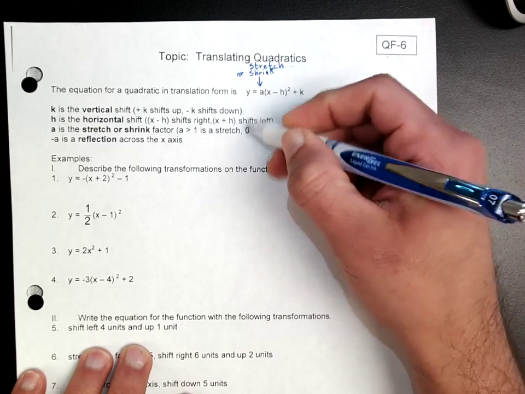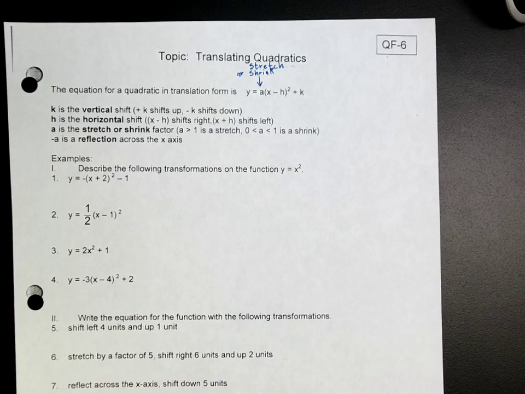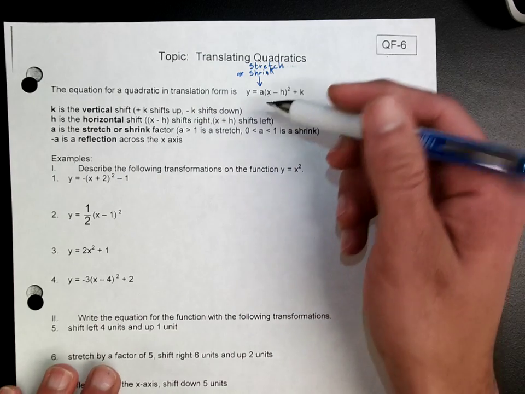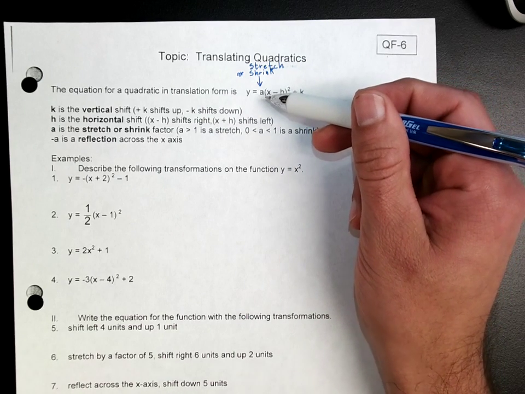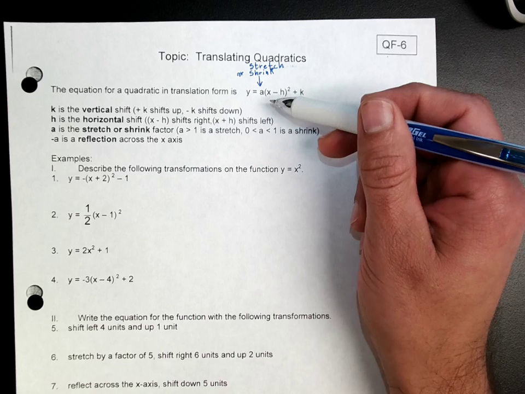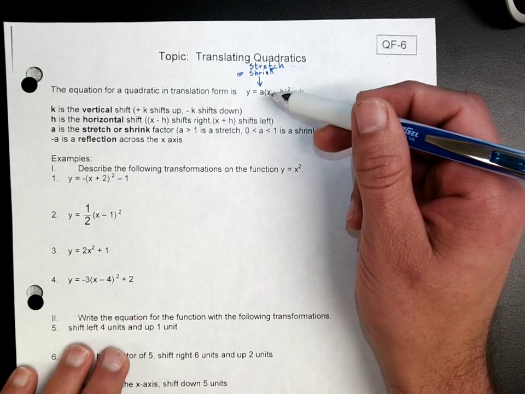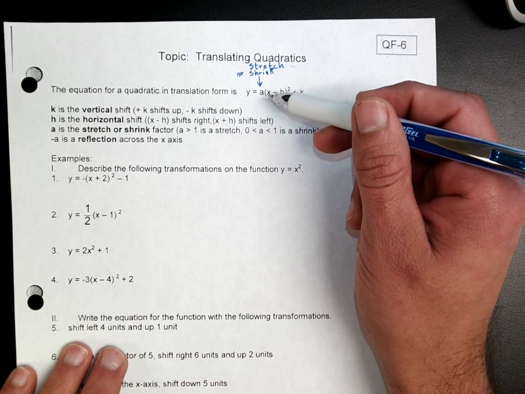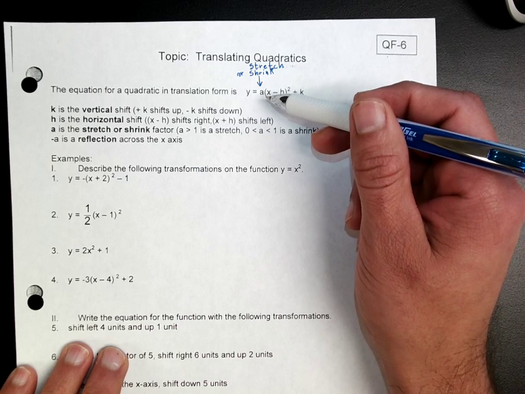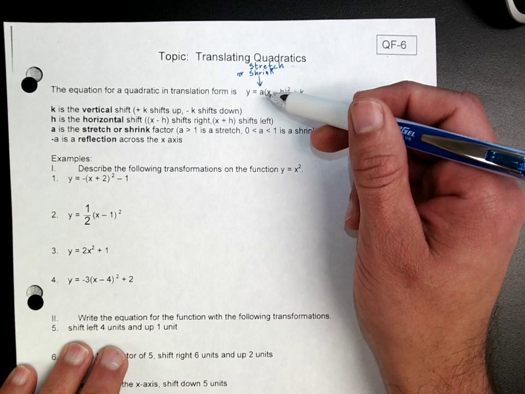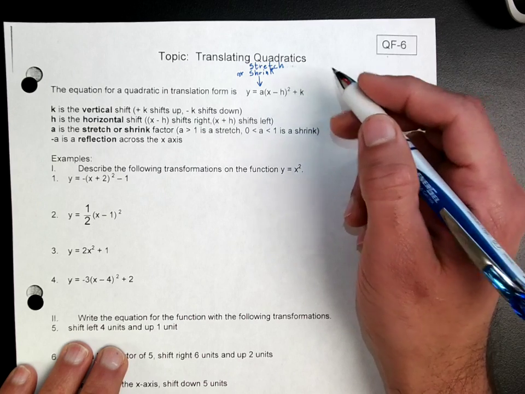And by the way, if you read this, it means it's going to stretch if this number is over 1, like 3 or 4 or 5. Now it's going to shrink if this number is less than 1. Now it's actually less than the absolute value of 1. So if you have a half, a 1/3, a 1/4, anything like that, then it's going to shrink. Okay, so that's the only difference.